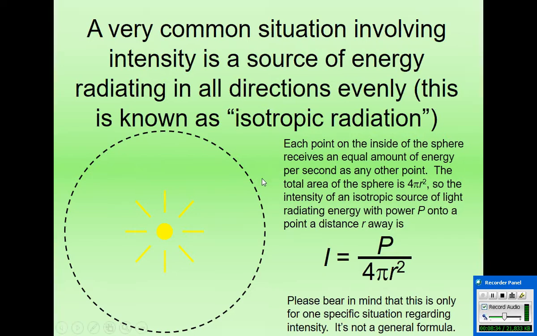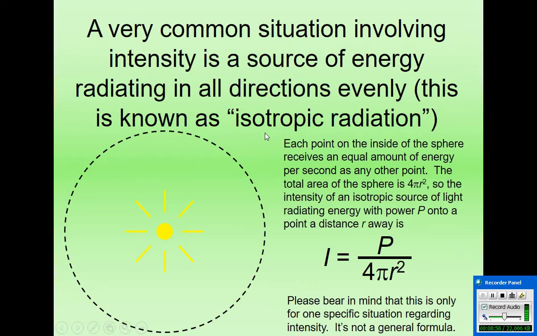Any object that is the same distance from an isotropic source is going to see the same brightness. The source will appear to have the same intensity. On the other hand, if you move in closer, the source will appear brighter, and if you move further away, the source will appear dimmer.